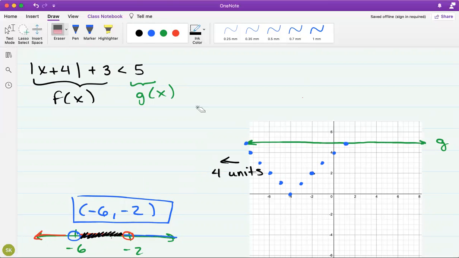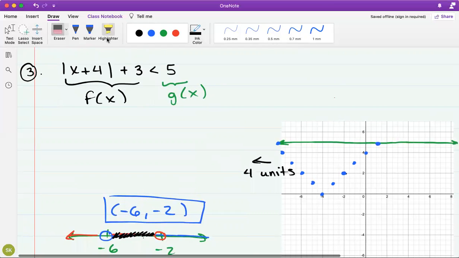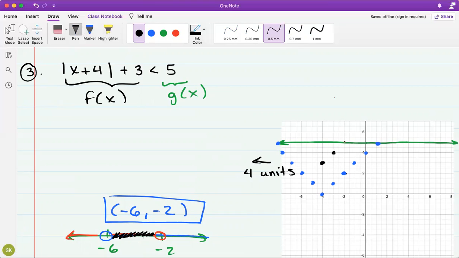And then the next step is to move the graph up 3 units. So this one moves up to here. Let's maybe do this one and I'll do this one in black again. So 3. Okay, now I can erase this blue graph.